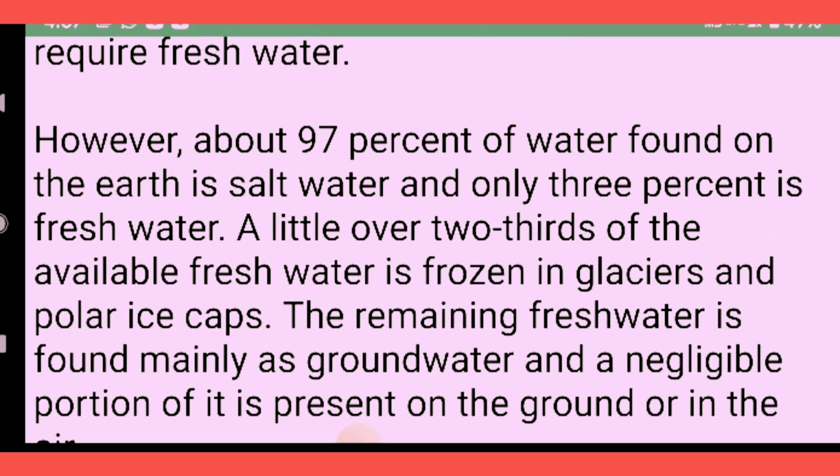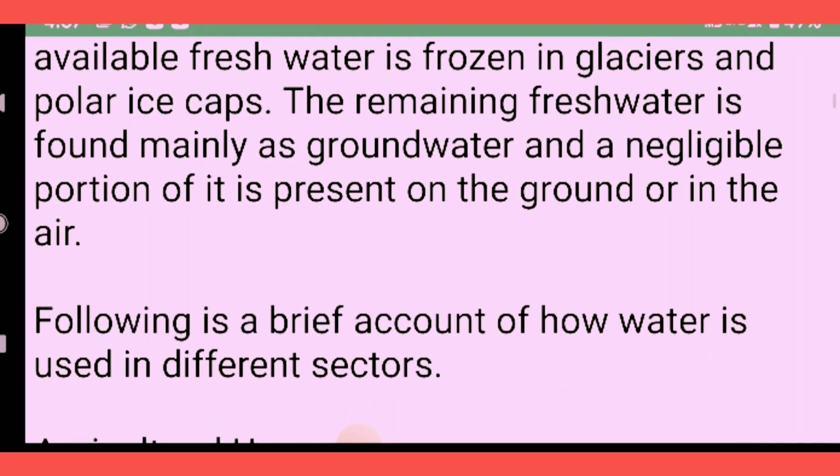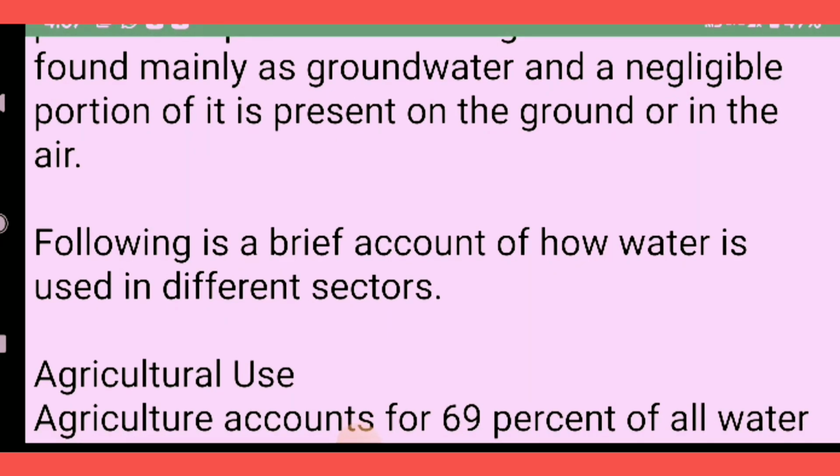The remaining fresh water is found mainly as groundwater, and a negligible portion of it is present on the ground or in the air. Student, following is a brief account of how water is used in different sectors.